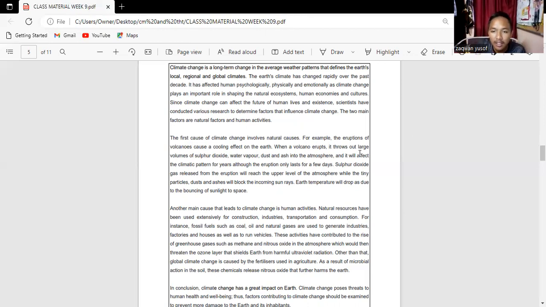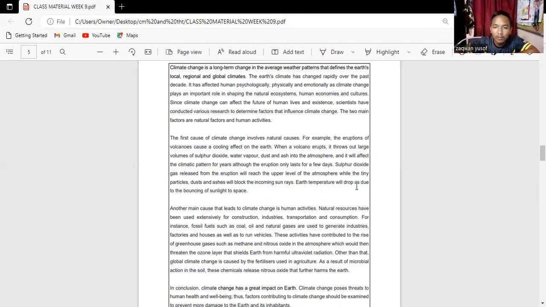the climate patterns of the year. Although the eruption only lasts for a few days, sulfur dioxide gas released from the eruption will reach the upper level of the atmosphere, while the thin particles of dust and ash will block the incoming sun rays.